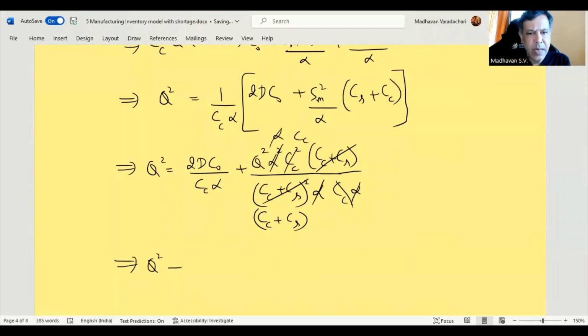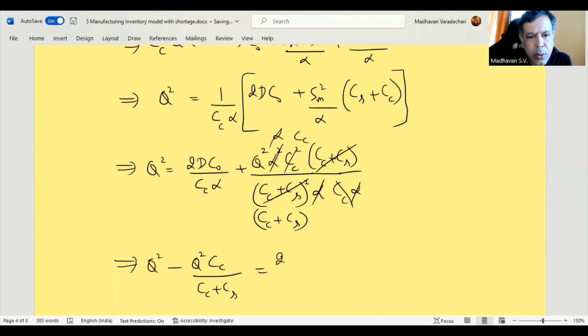Means Q square minus Q square Cc by Cc plus Cs. I mean, if I take this entire thing, Q square Cc is there in the numerator. Denominator you have only Cc plus Cs, that is being taken to the left hand side.